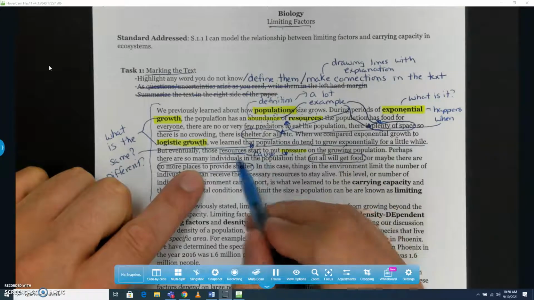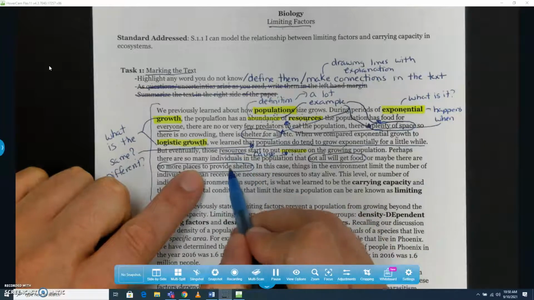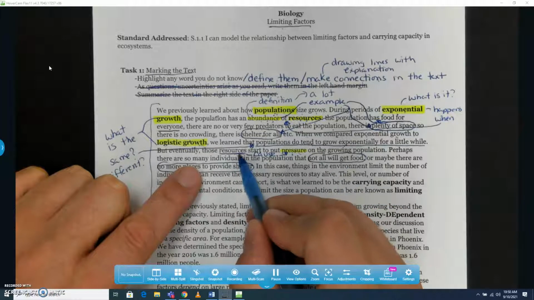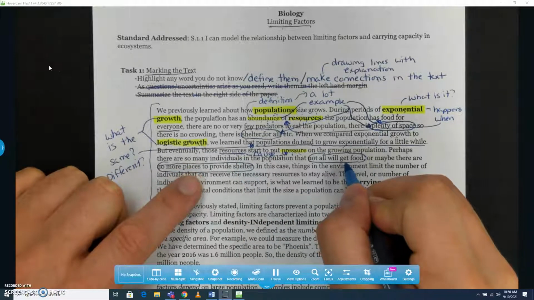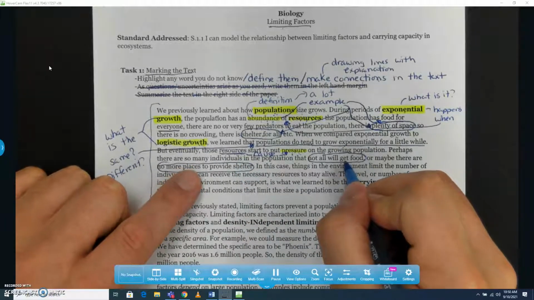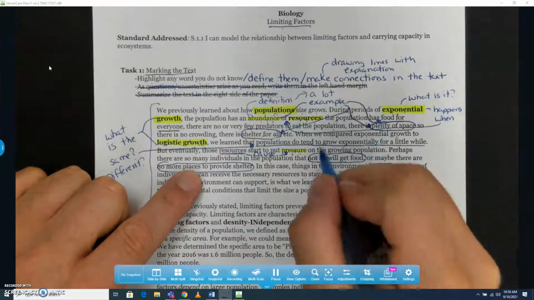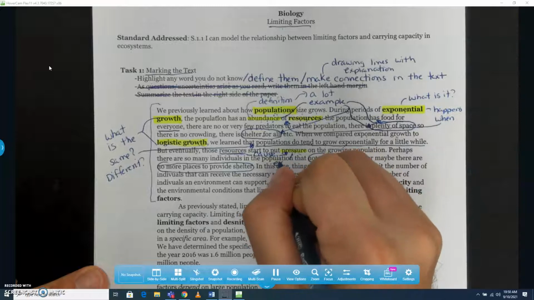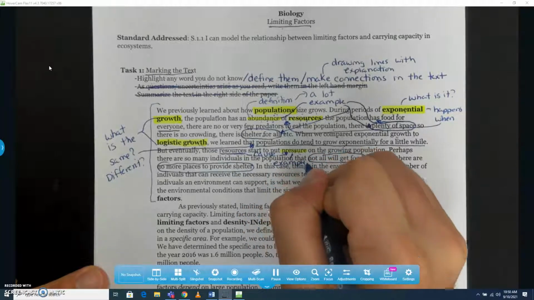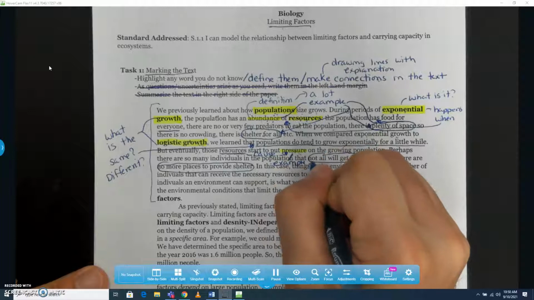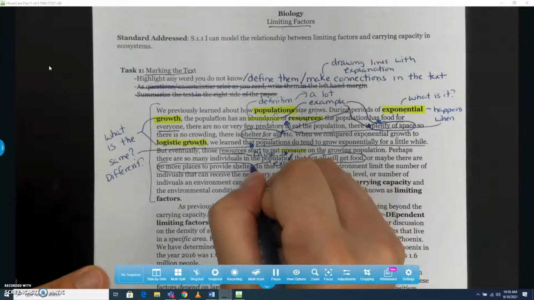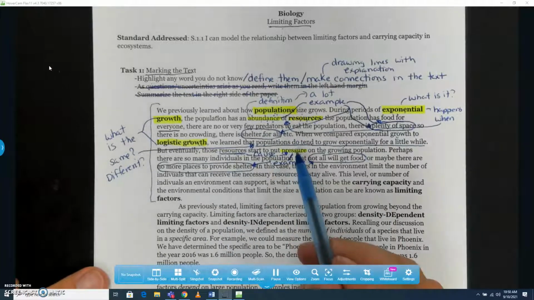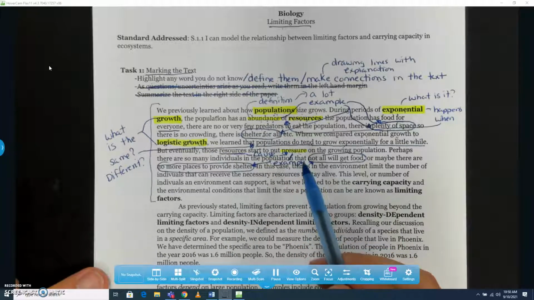We know that food is a resource. We know that shelter is a resource. Using that context clue, I can start to gather that those must be examples of what we're talking about with pressure. So, maybe examples, and then boom, now I've identified what we mean by pressure. Now it's a little bit more clear.